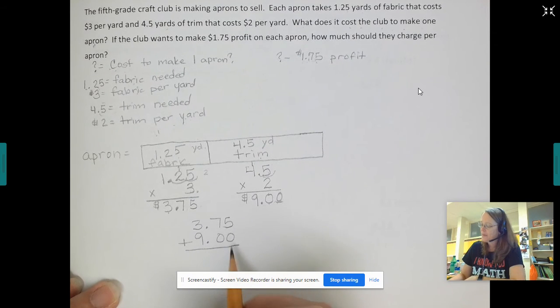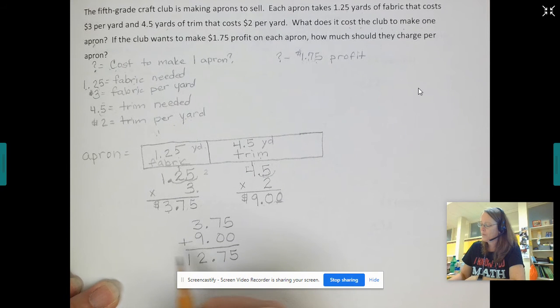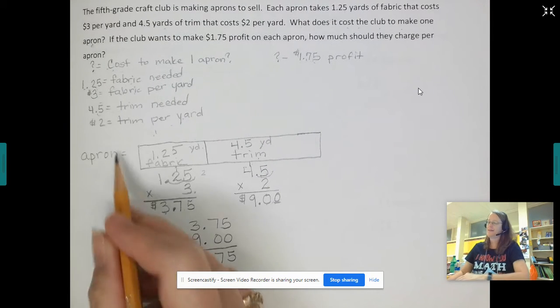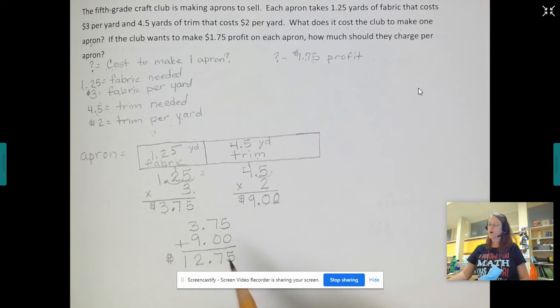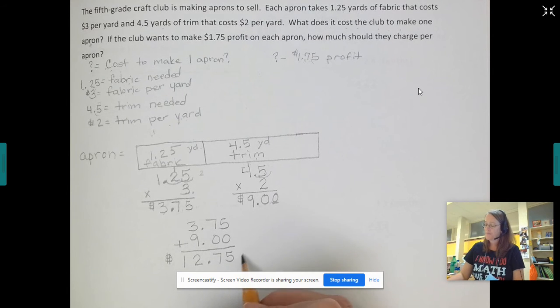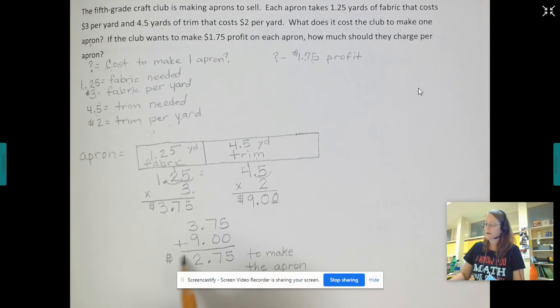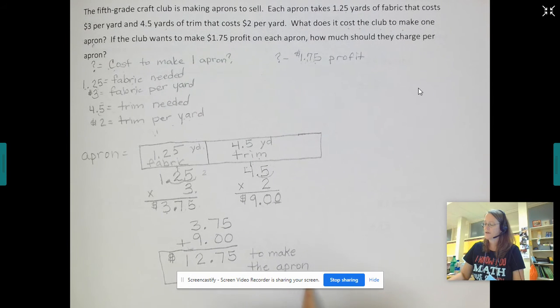And then when we add, we know that in order to make an apron, it's going to cost the club, if I'm the head of the club, it's going to cost me $12.75 to make the apron. Okay, that answers our first question.